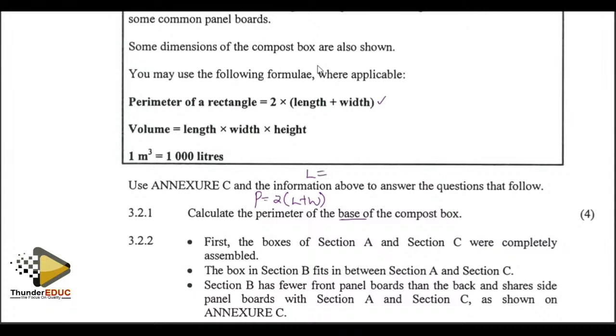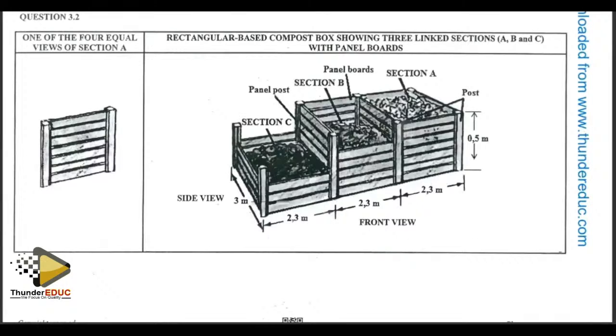Let's go to the next and we see the length will be from here up to there. That's the length. The length will be 2,3 times 3, which is 6,9 meters. And the width is already 3 meters. So for the perimeter of the base, you're going to move here.